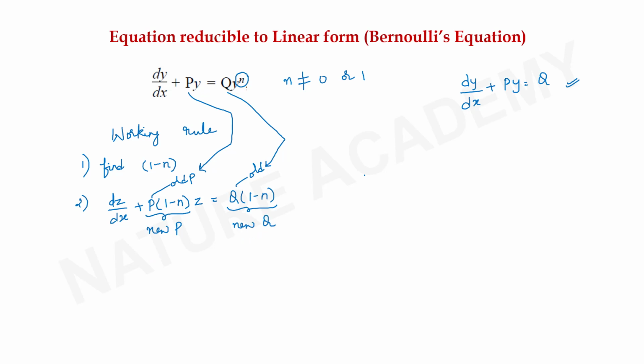Now this equation will be in the linear differential equation form, where z is equal to y raised to 1 minus n. Later on, after we solve the differential equation, we can substitute it back and then find the solution.